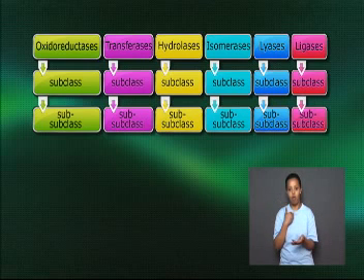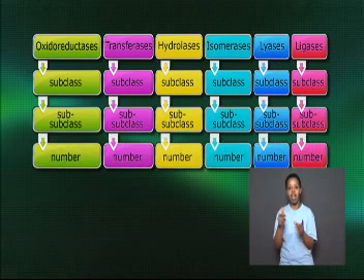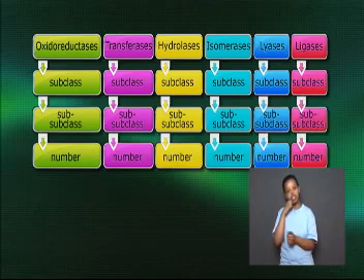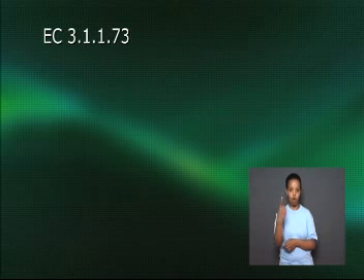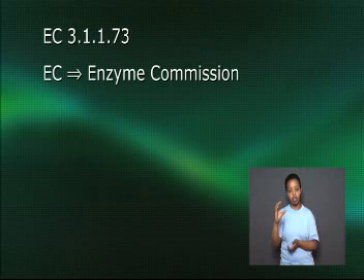Within the subclasses, each enzyme has a number. Let us look at an example together. Here is an enzyme named EC 3.1.1.73. The EC stands for Enzyme Commission.